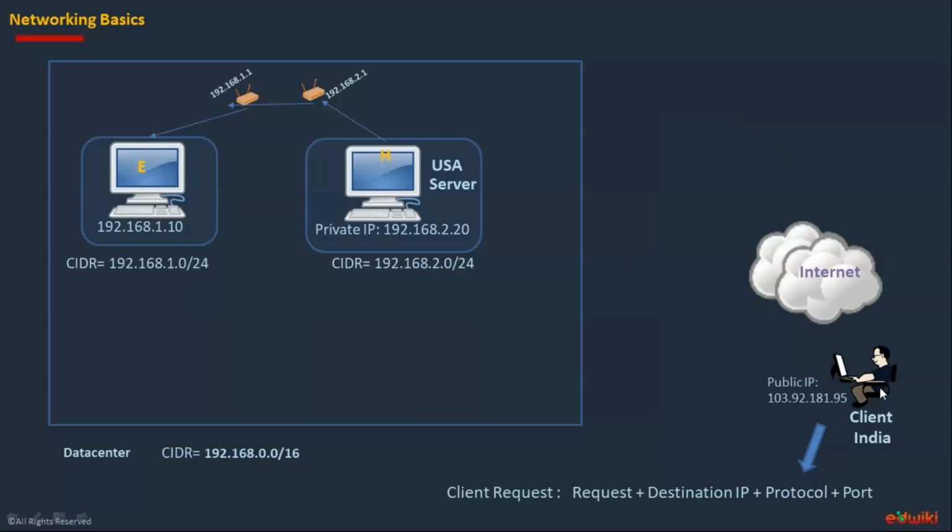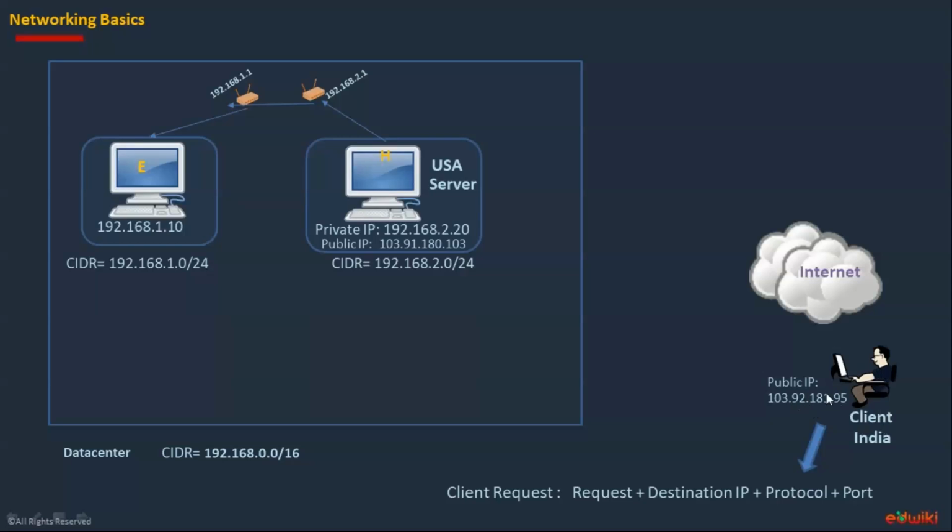In my case, my client is not sitting inside the data center. The client is sitting somewhere outside of the data center and the request is coming via the internet. So your H machine must have a public IP, which is reachable over the public internet. In this case, your H machine should have a public IP and your client also should have a public IP.